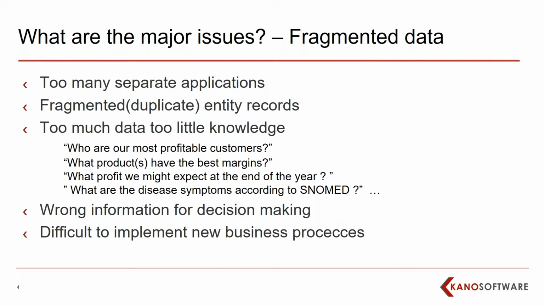Business face basic questions such as who are our most profitable customer, what products have the best margins, what profit we might expect at the end of the year. It becomes tough to answer, or at least answer with any degree of accuracy. A lot of data doesn't mean knowledge.